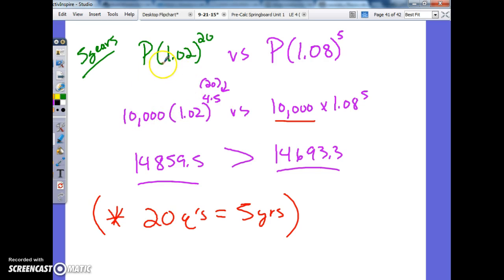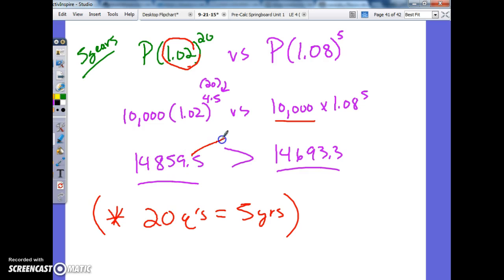Notice how I adjusted this rate. 0.08 divided by 4 got me this rate here. It's a smaller rate, but I'm going to figure it out 20 times because it's 4 times a year times 5 years. Annually for 5 years it's just 5. Quarterly it's 4 times a year, 4 times 5 is 20. So $10,000 times 1.02 to the 20th power is 14,859.